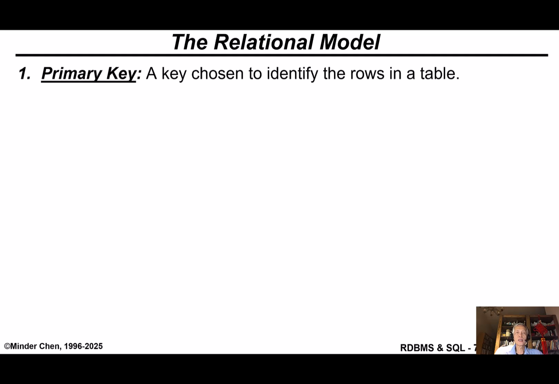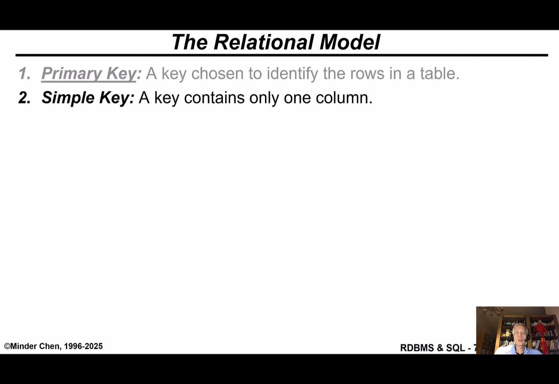So both of them can uniquely identify a student. However, we may decide to choose student ID as the primary key because choosing social security number to identify a student runs quite a bit of risk, and we try to avoid that. So that's what we call the primary key. It's a key chosen to identify the row in a table.